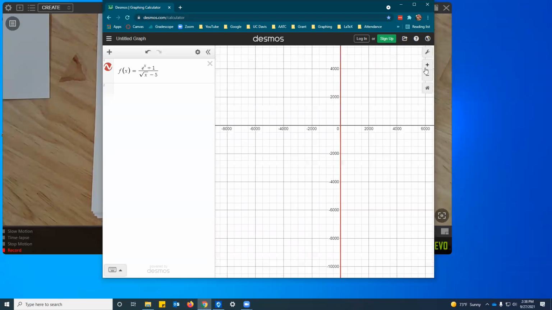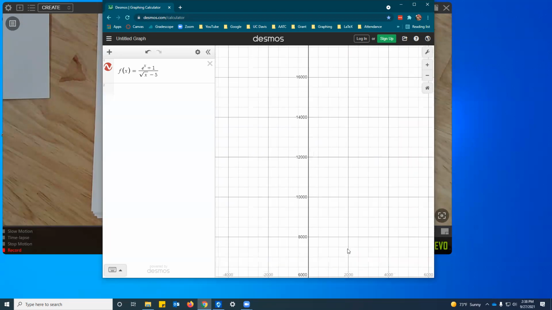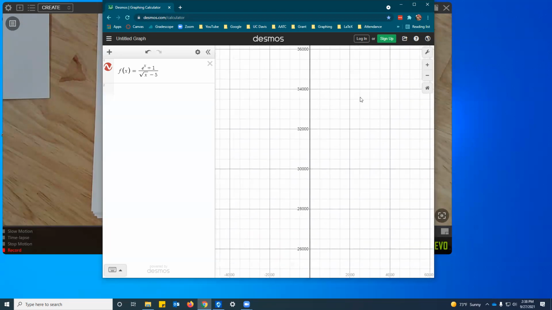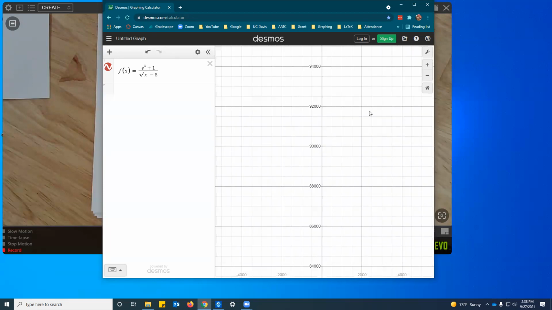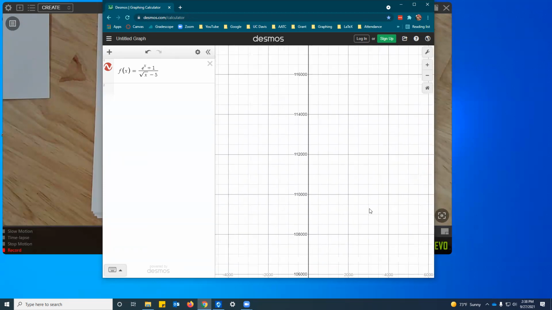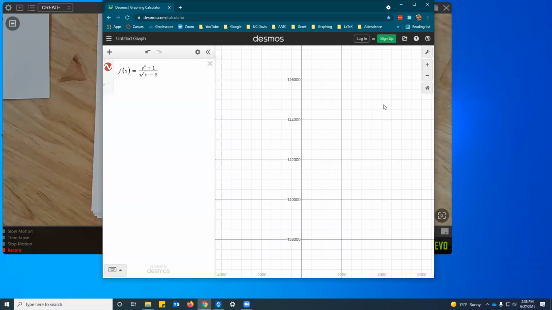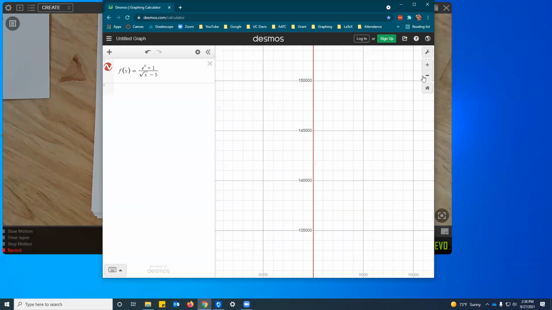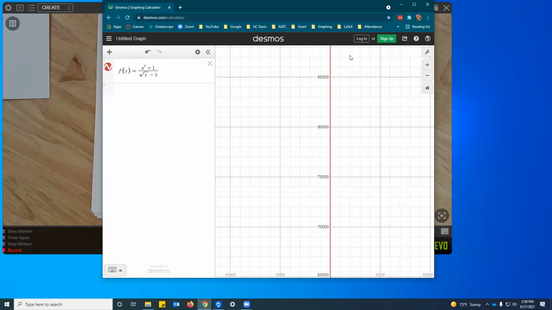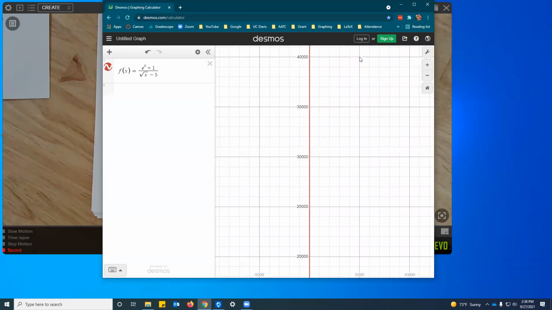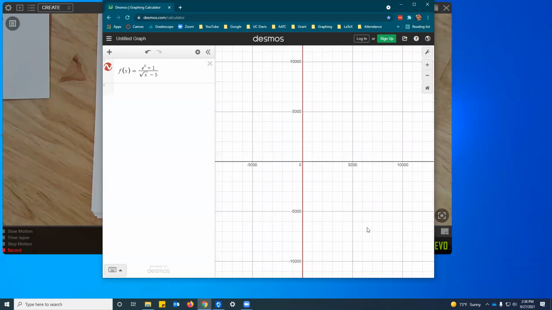It's interesting that it's hard to see. I really want to see where the bottom of this thing is, but I don't know. Clearly this is not getting us anywhere because our scale is too big.